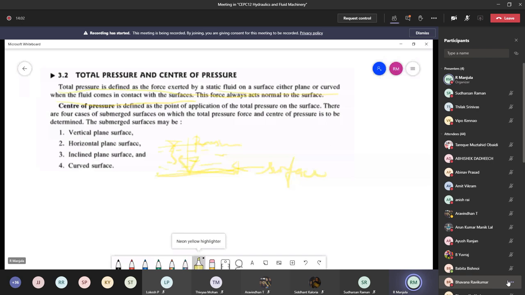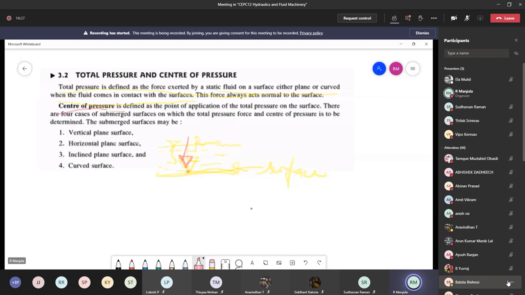And now what about center of pressure? Center of pressure will be the point of application of total pressure. So this total force is acting at one particular point.